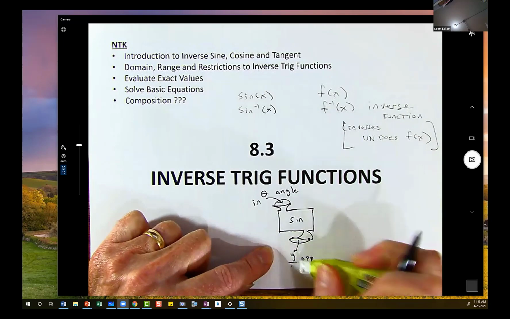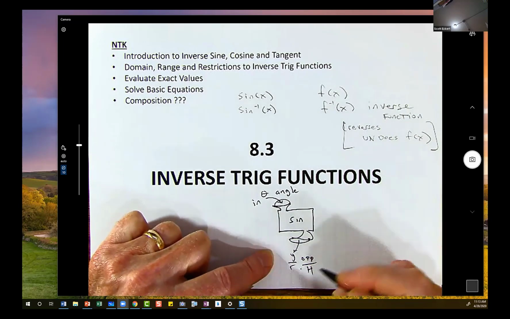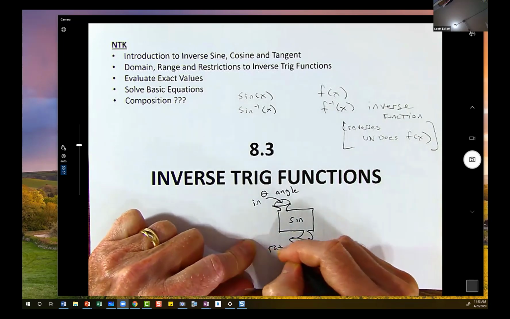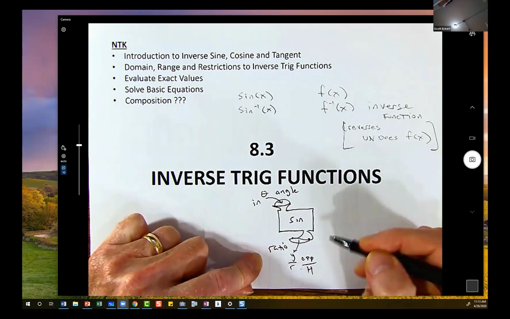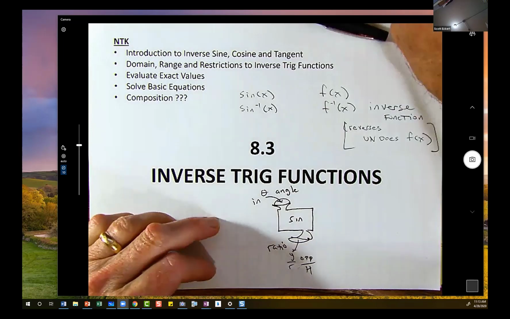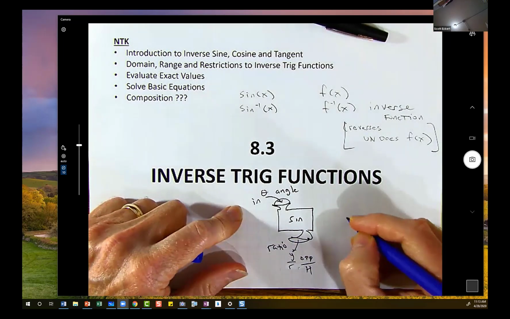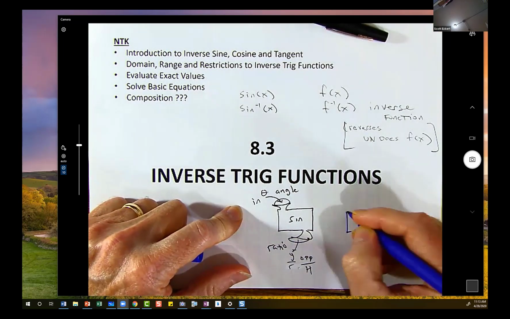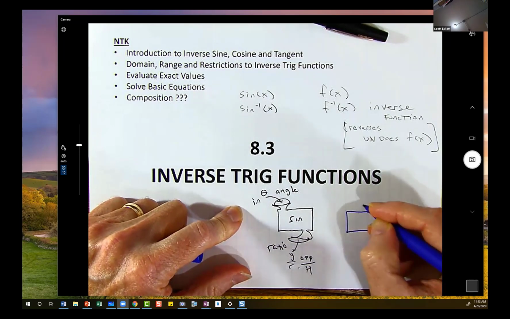Those are the different interpretations of the ratio, but it's a ratio that comes out. Now, the inverse is what we're going to study today. It's slightly different.